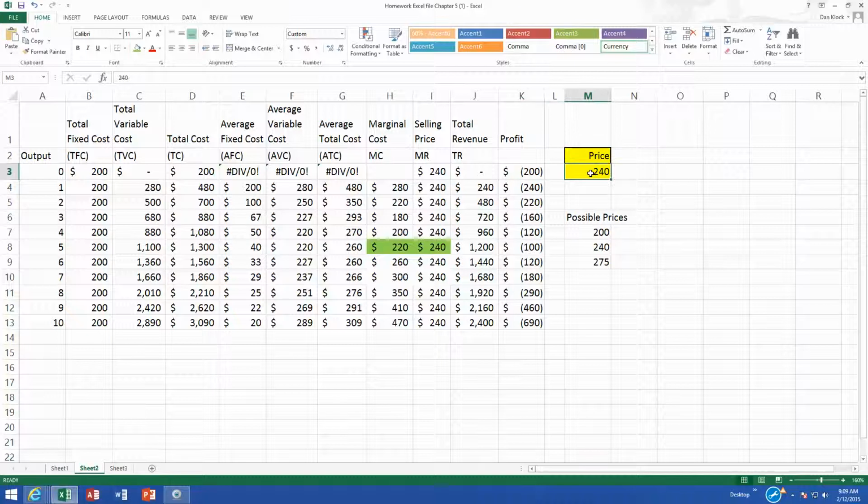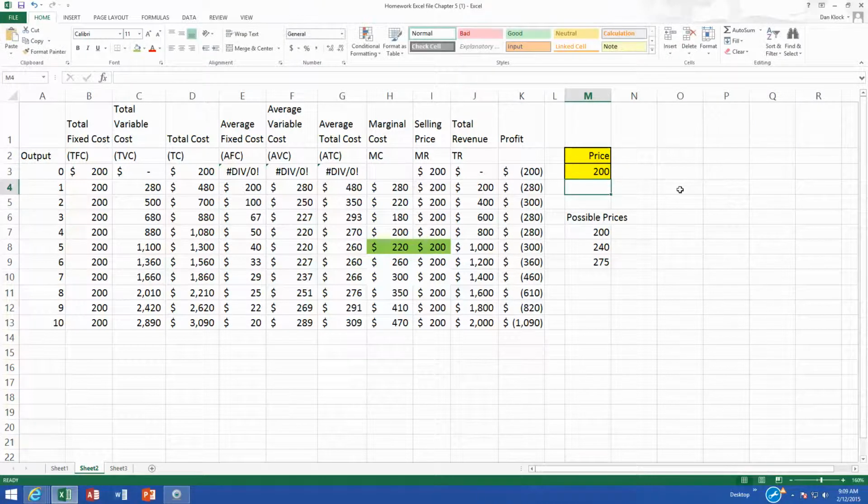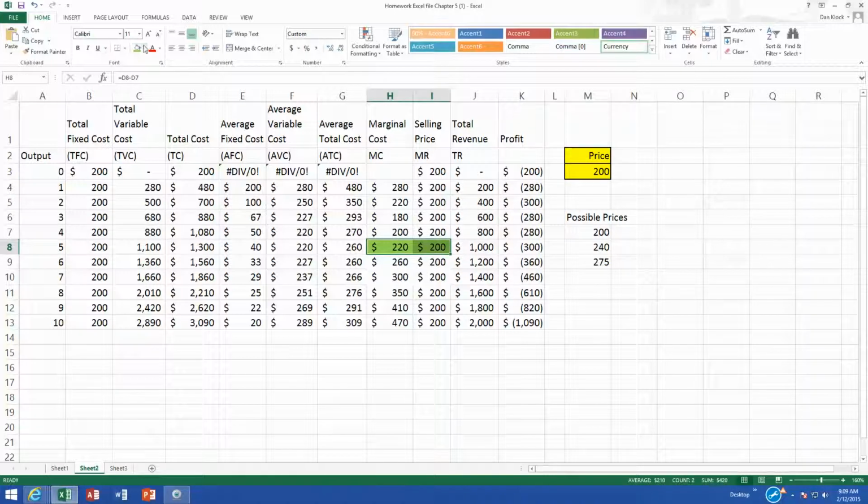If things go really bad, 200, then notice where MR equals MC is right here, at output 4, and notice our profit is negative 280.